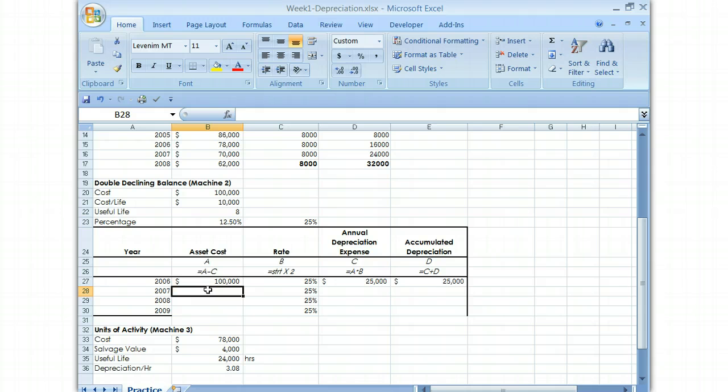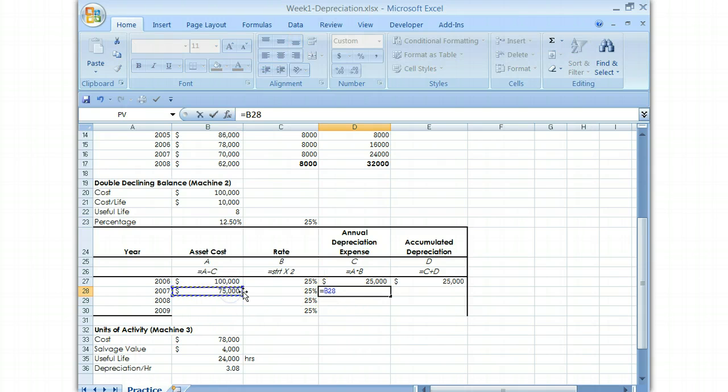Now in the second year, we need to find out our book value, or how much is remaining to be depreciated. So we're going to do our 100,000, subtract out the amount of depreciation we've already calculated. So that's going to be our A minus our C up here. You can kind of follow along with these letters I've added in here. And then again, we're going to multiply.